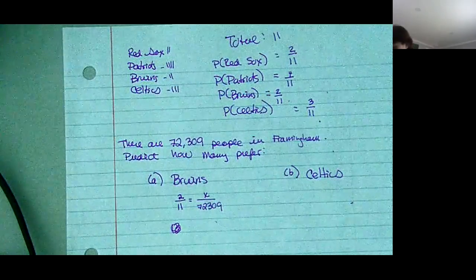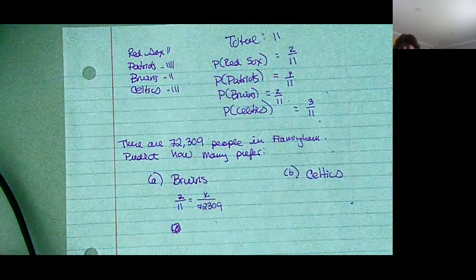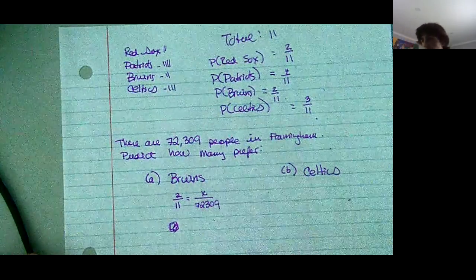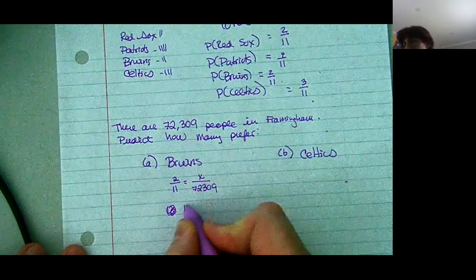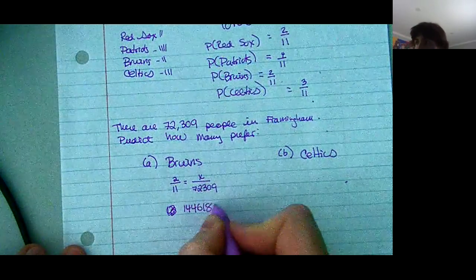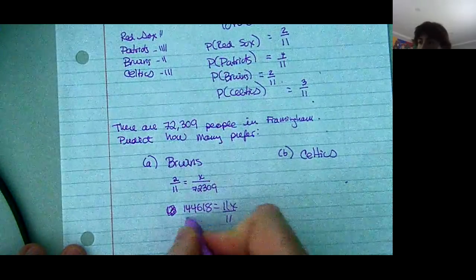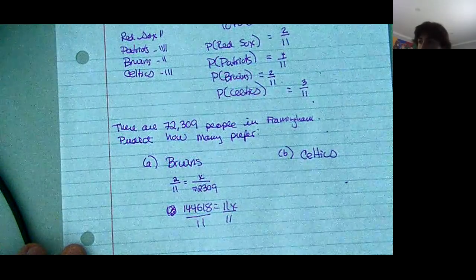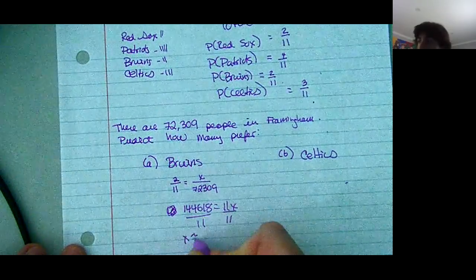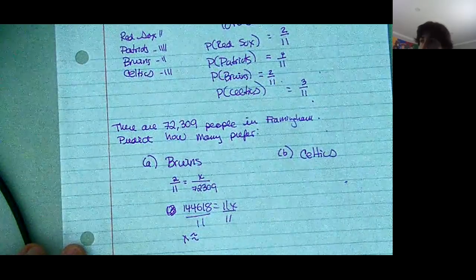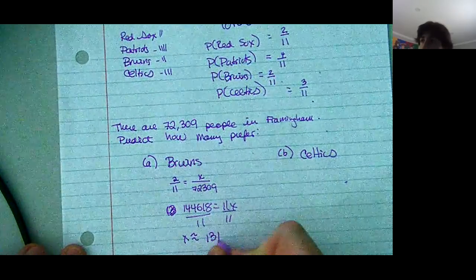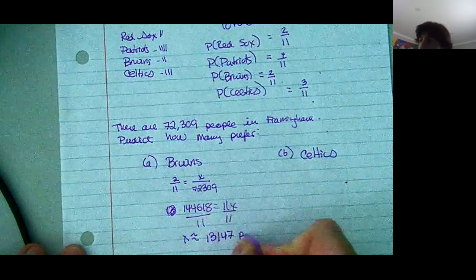Okay. Yeah, I want the one before you divided, the 2 times, and then you divide it. I don't care if you don't give me the decimal, if you just give me the rounded one, totally fine. So 13,147 people.